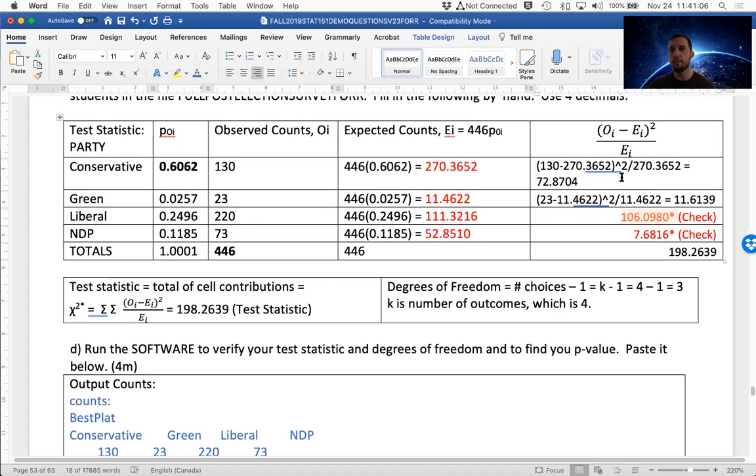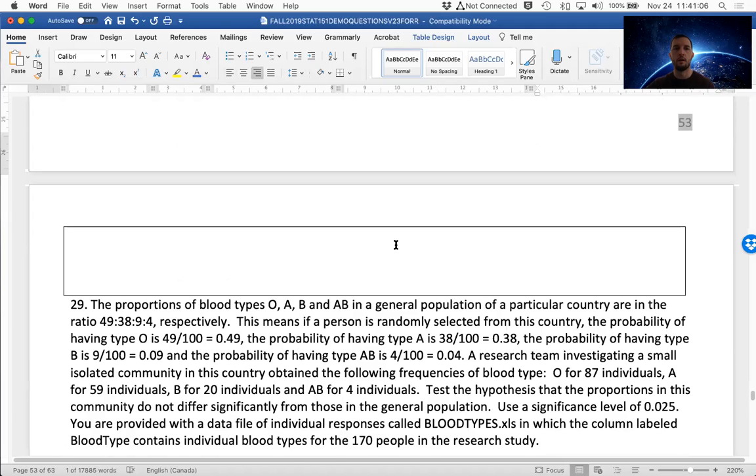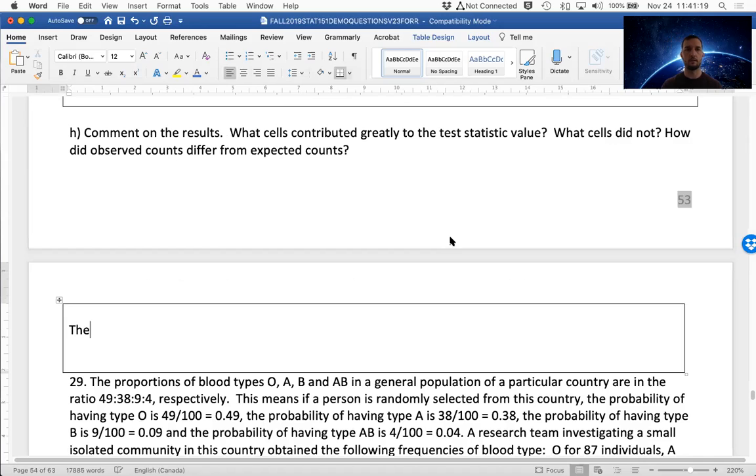So the liberal and the conservative cells contributed more information to the test statistic than the green and the NDP cells. So we can say here, the liberal and conservative cells contributed the most, more information than the green and NDP cells, period.